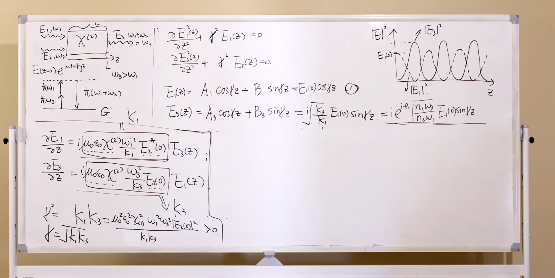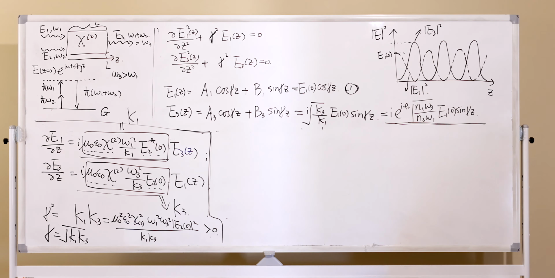Okay, so when this process happens, you lose a photon of omega 1, and you lose another photon of omega 2, right? What that really means is that your E2, here we have assumed that E2 is much larger, so let's not worry about E2 here. Let's say E2 is a lot of omega 2 photons, so it doesn't matter. But E1 would decrease when you generate a sum frequency photon, right?